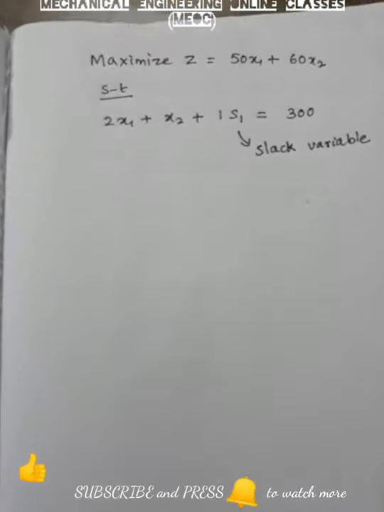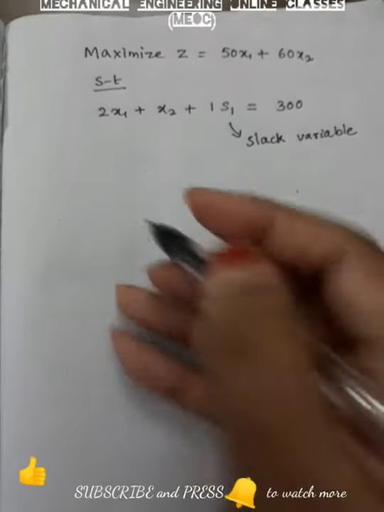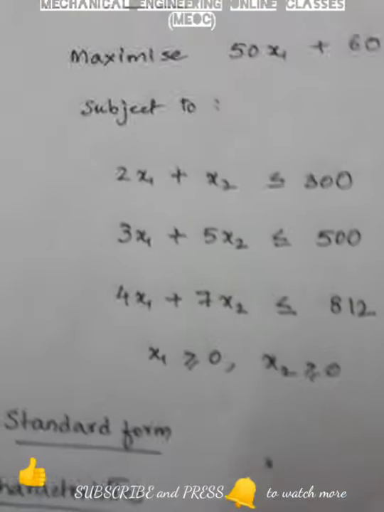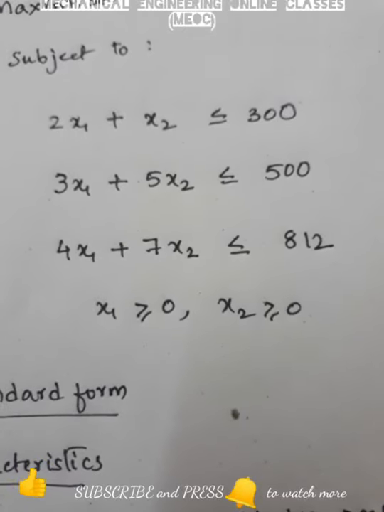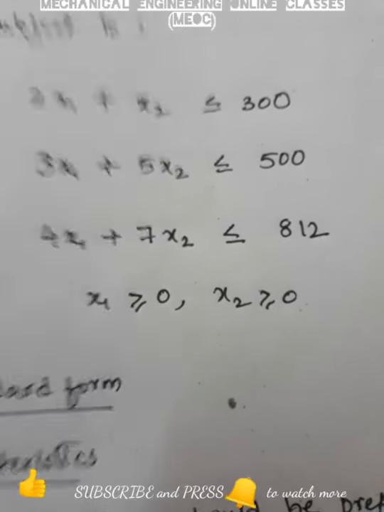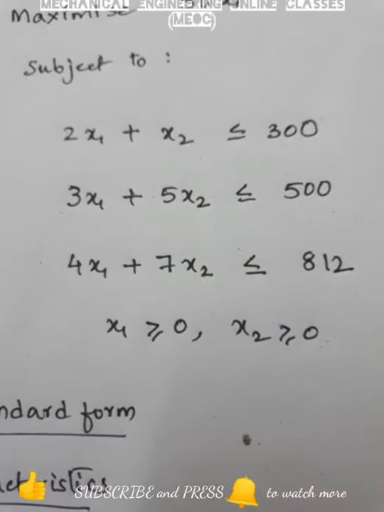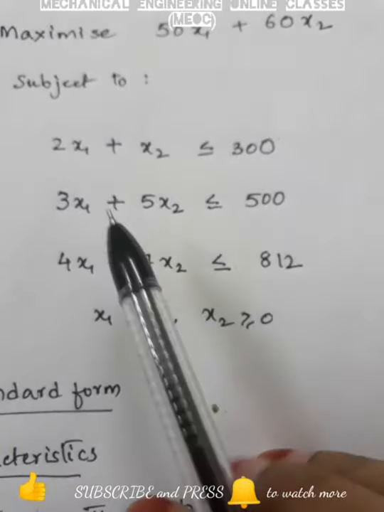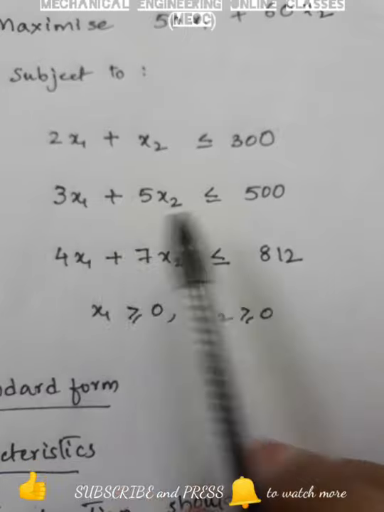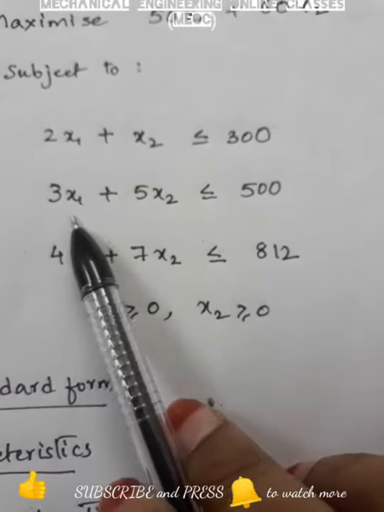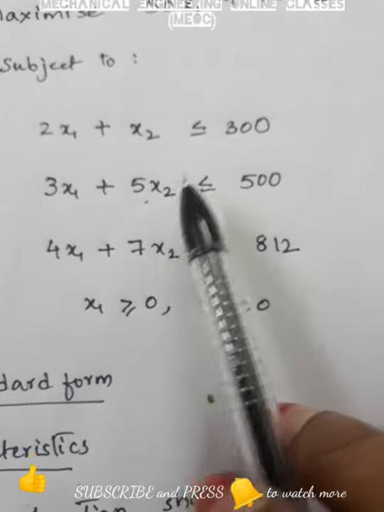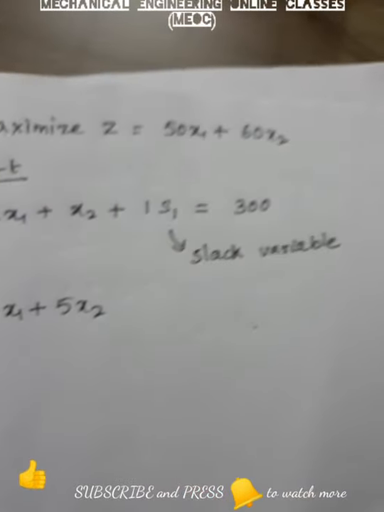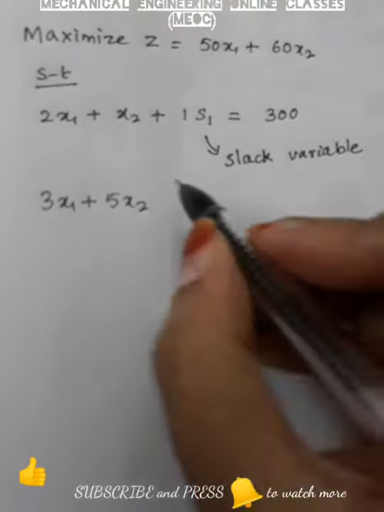Similarly, for the second inequality, 3x1 plus 5x2 is less than or equal to 500. You have to make the left hand side equal to 500. So in order to do that, I am adding some other quantity which is not the same as S1, it can be different also.